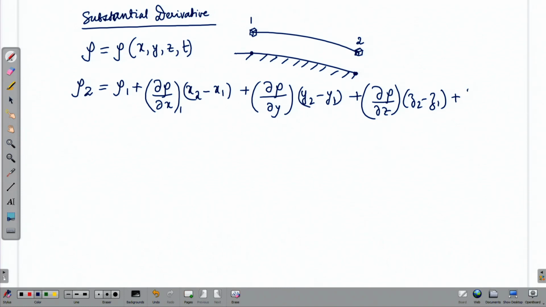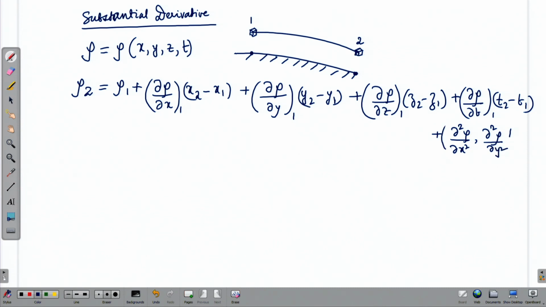All these derivatives are worked out about the point 1. You will have higher order terms over here, including second order derivatives in space and time and so on, which are neglected.